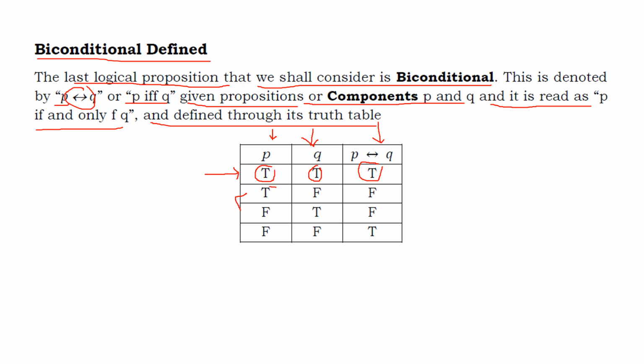As you can see, your P is true, your Q here is false, then the biconditional of this proposition is also false. Meaning to say, if one of them is false, the biconditional of these two propositions is automatically false. It's the same thing with the fourth row here.